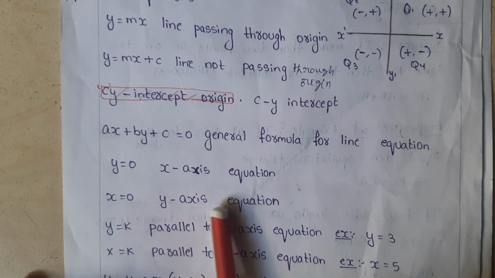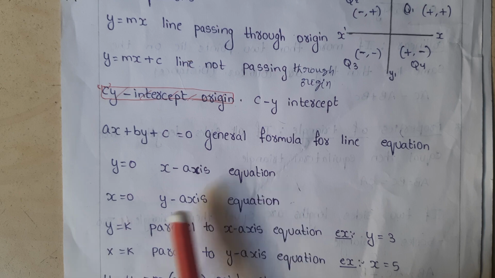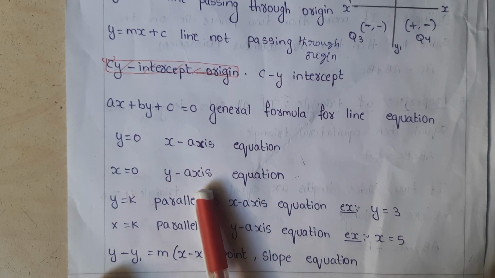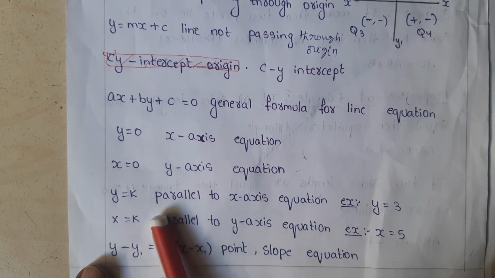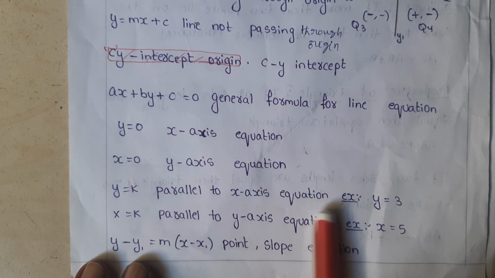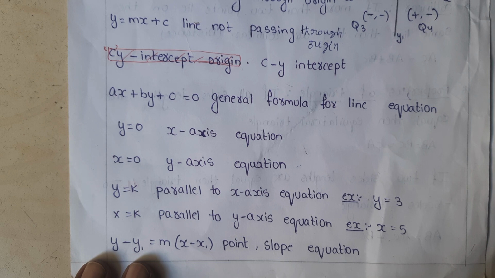y = 0 is the x-axis equation. x = 0 is the y-axis equation. y = k is the equation of a line parallel to the x-axis. Suppose you take y = 3; it is parallel to the x-axis, 3 units away from the x-axis.